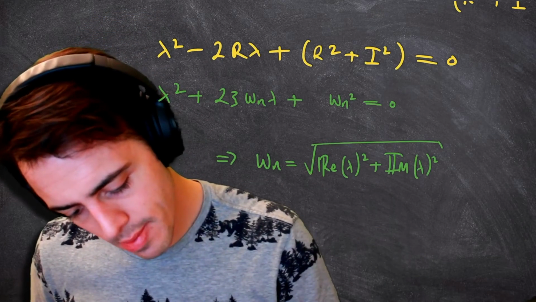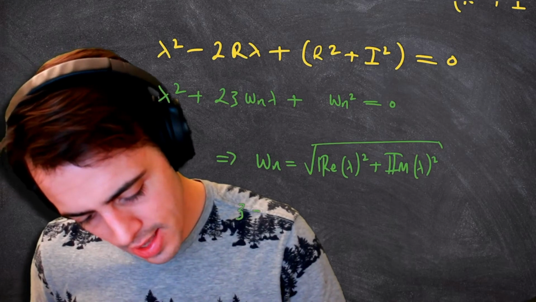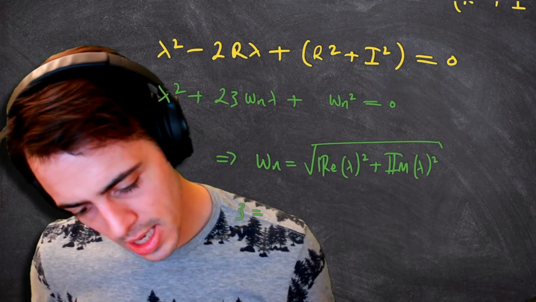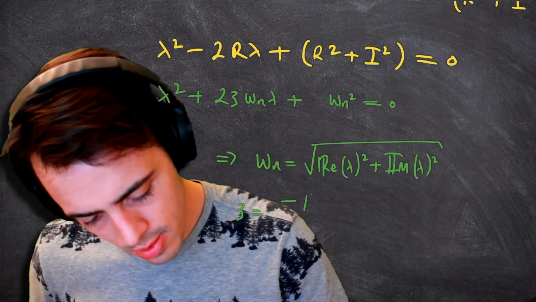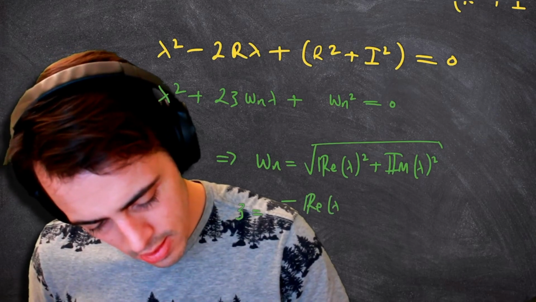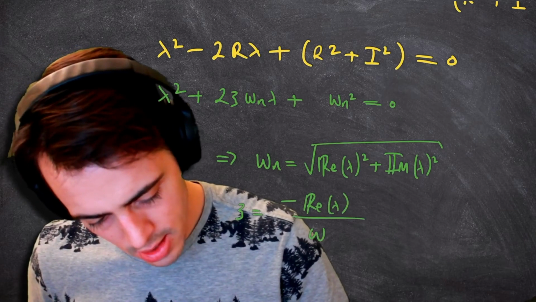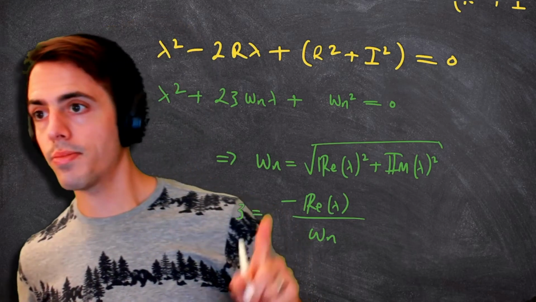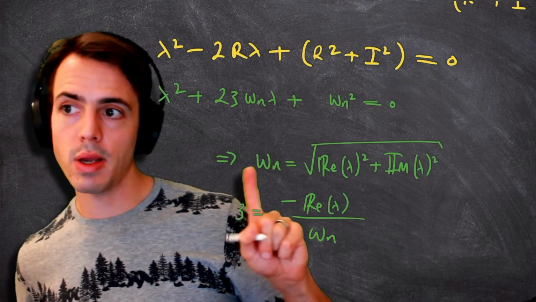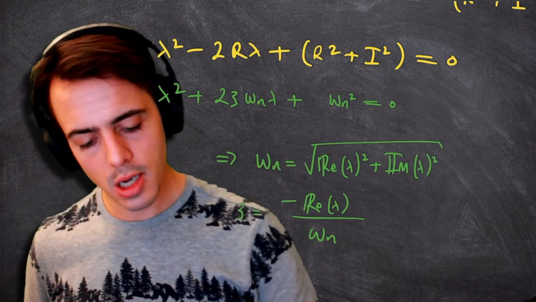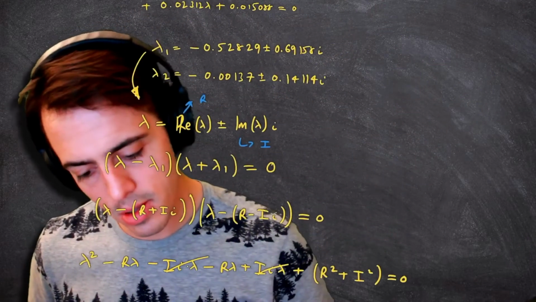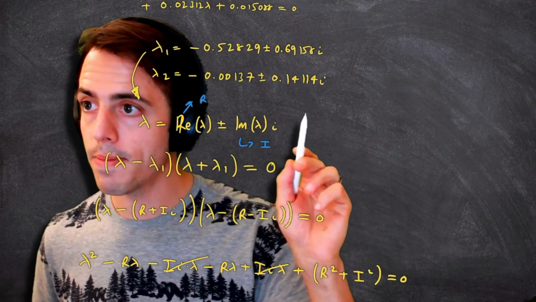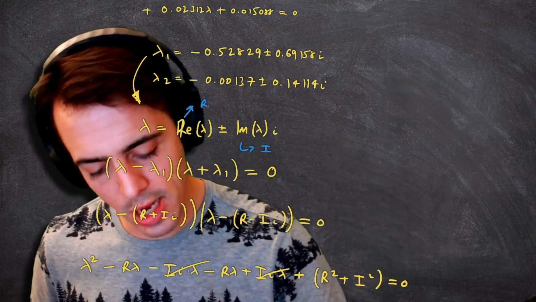And then we can similarly see the damping ratio is going to be equal to minus the real part divided by the natural frequency. So we can get the natural frequency and the damping ratio for our aircraft based upon these roots up here.